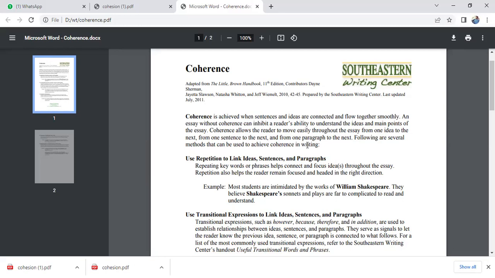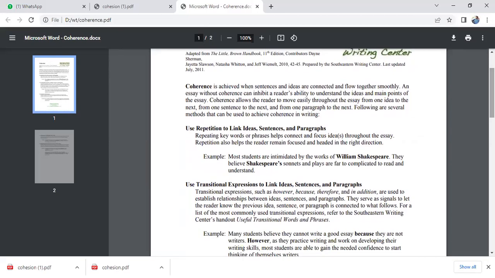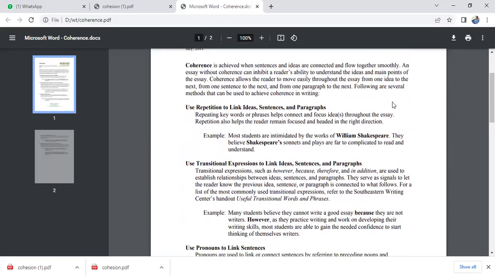Following are several methods that can be used to achieve coherence in writing. So how will you bring coherence in your writing? There are certain steps, certain methodologies through which you can bring coherence in your writing. The first one is use repetition to link ideas, sentences, and paragraphs.